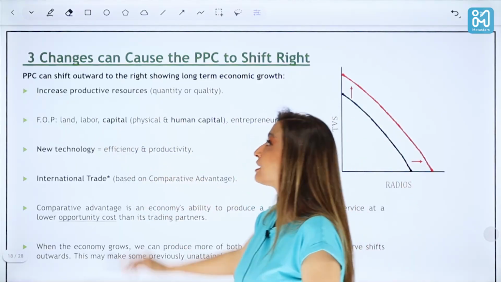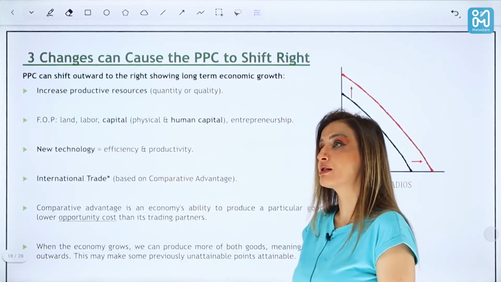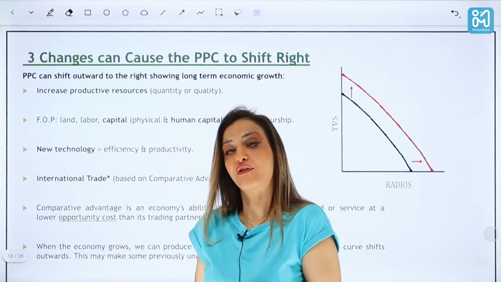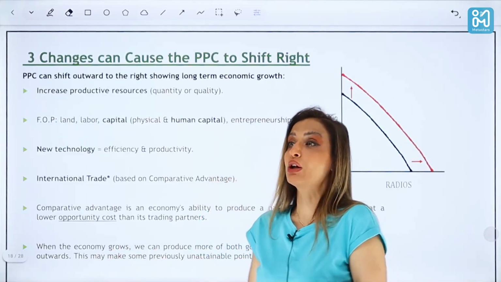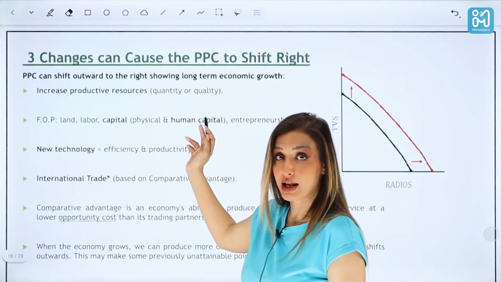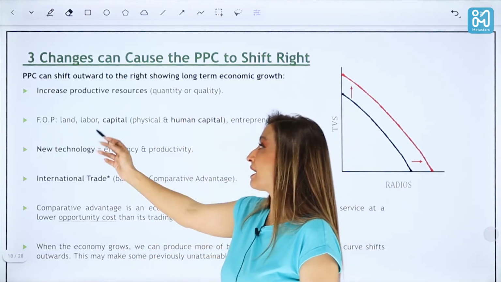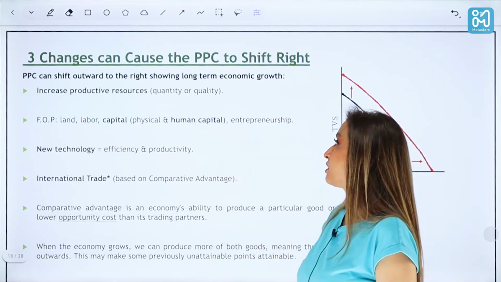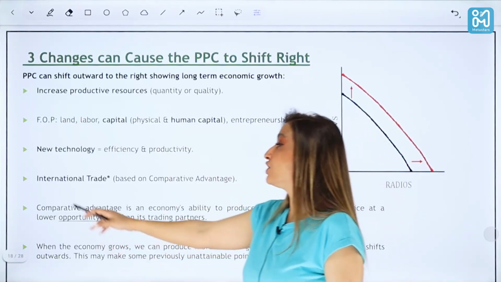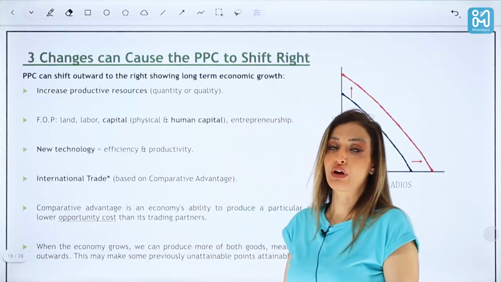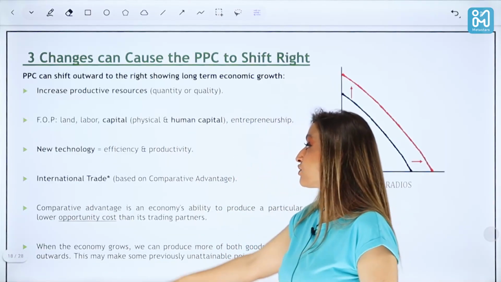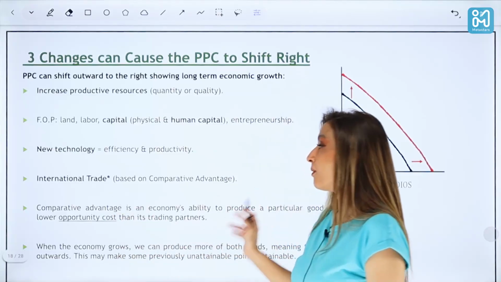If you have an increase in your productive resources, that means you have a lot more efficient resources, in quantity or in quality, such as land, labor, capital, human capital, entrepreneurship, and others. If you have a new technology, you will be more efficient and productive. And international trade based on comparative advantage.